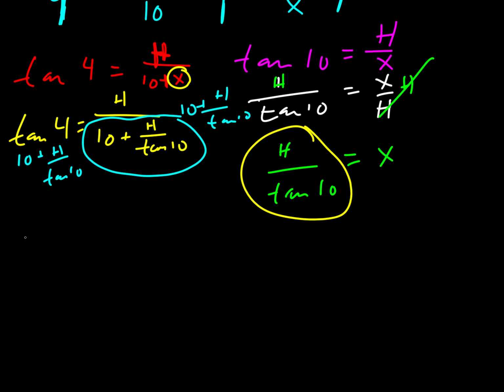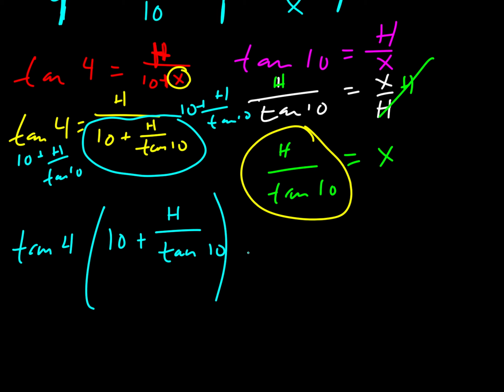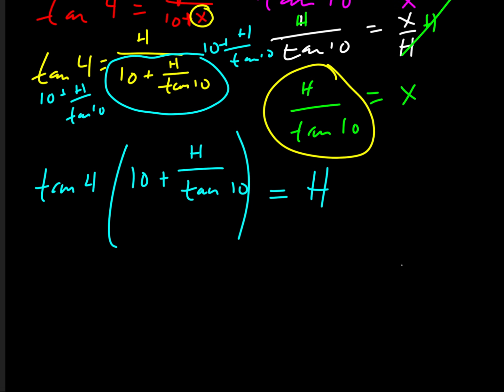What that's going to look like is tan 4 times 10 plus h over tan 10, and that's just equal to h.